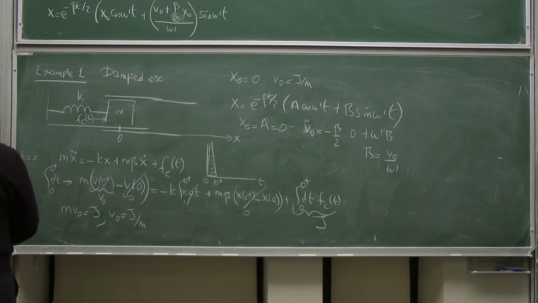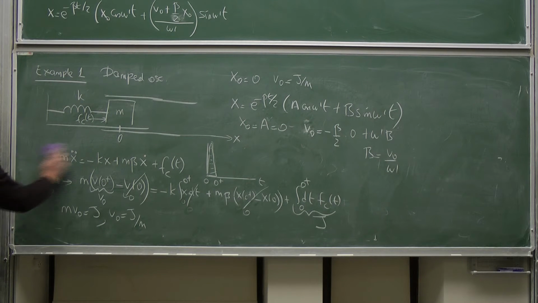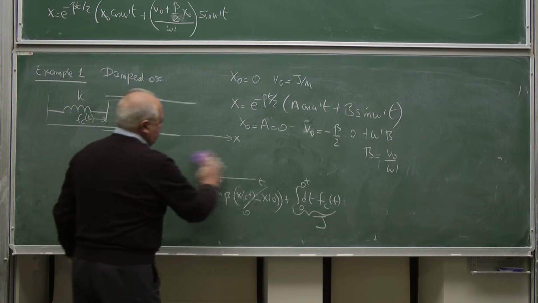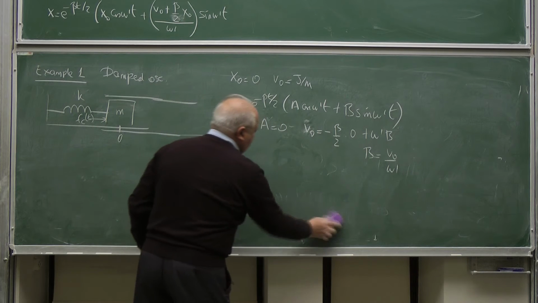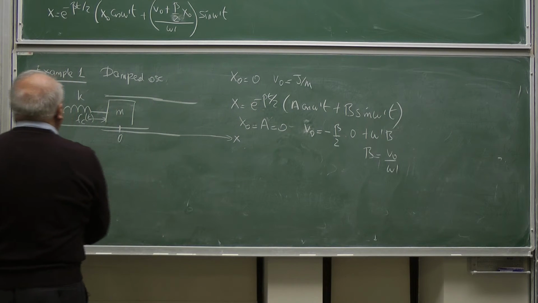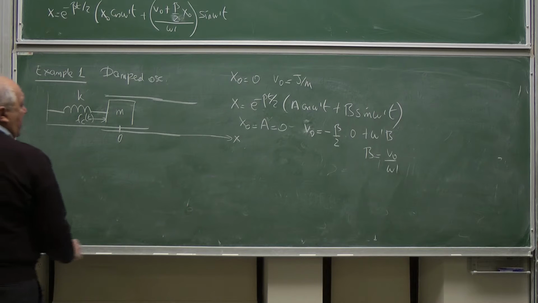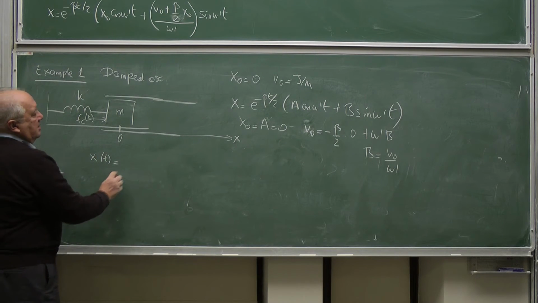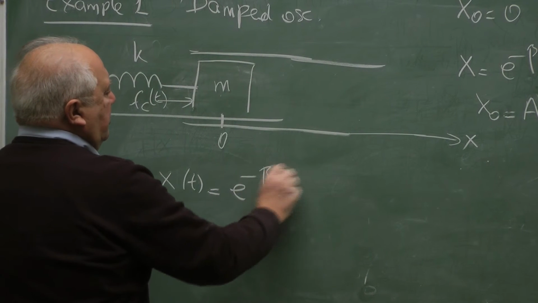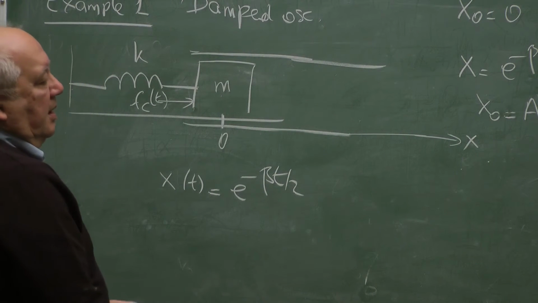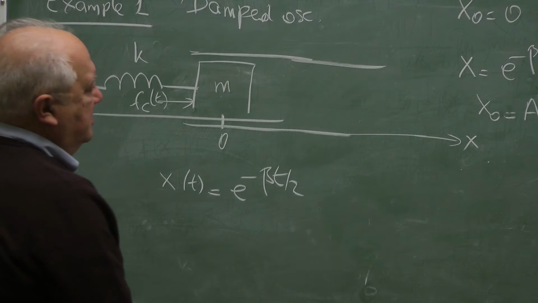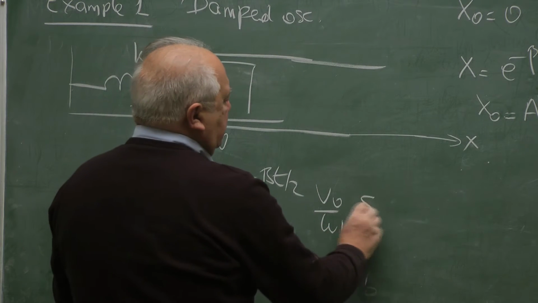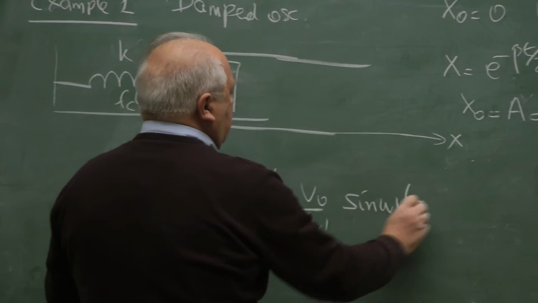I am erasing this part. x of t is equal to e to the minus beta t over 2, and then b, which is v0 over omega prime, times sine omega prime t.